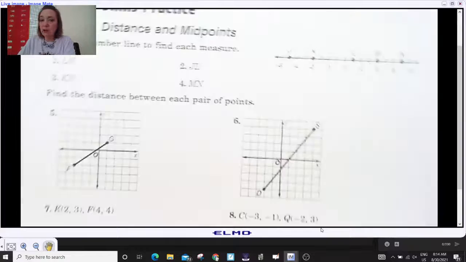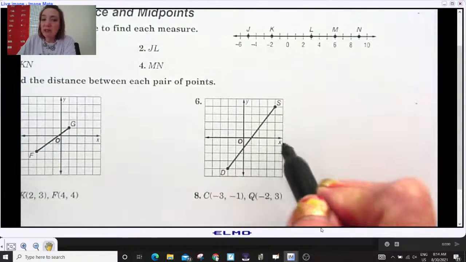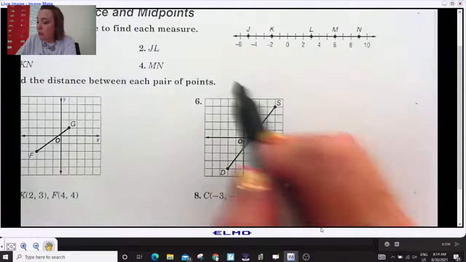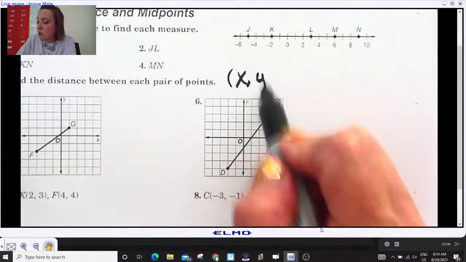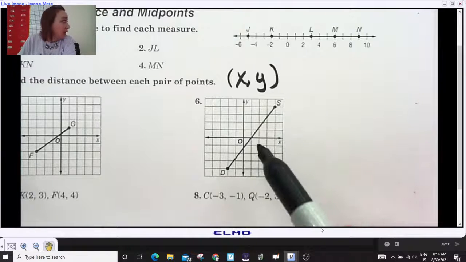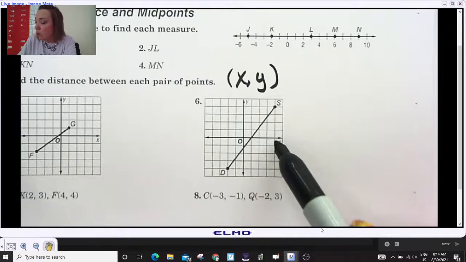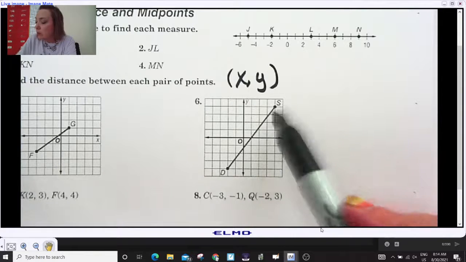So let's do, I don't know if we did number 6 together, so let's go ahead and do number 6 together real quick. So the first thing we have to do is identify our points. So remember, a point is always an x first, a y second, right? So we're going to look at, what is our x? 1, 2, 3, 4. 1, 2, 3. Oh, it's 4, 4.